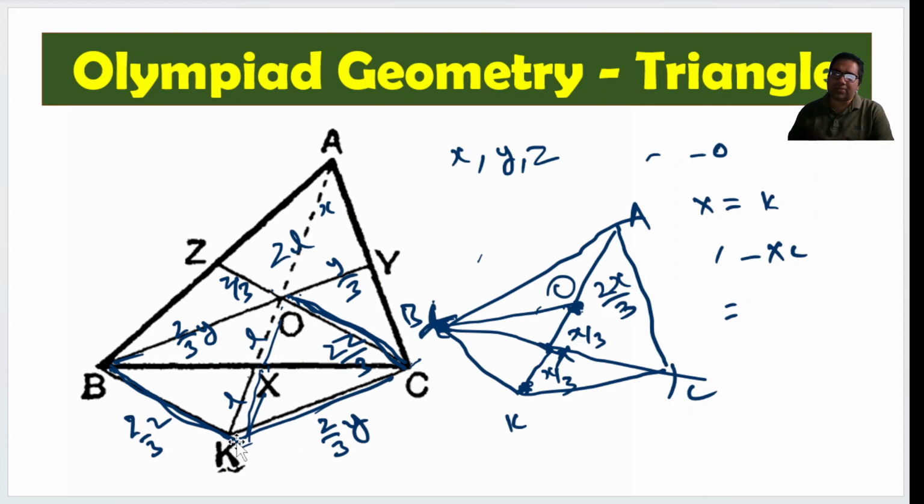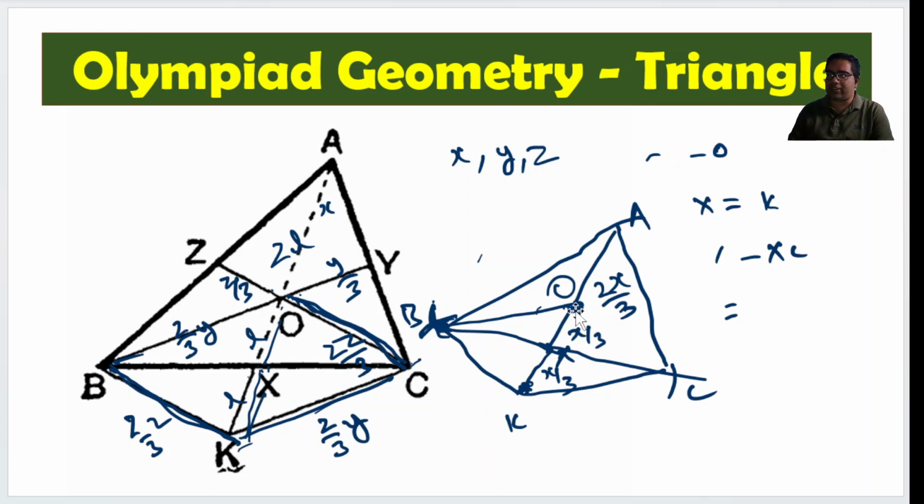So from this point K, which is actually AX extended, or AO extended by one third of one of the medians, the total is 3L and this is L. So we are taking one of the medians and drawing it, and then extending it by one third more. We draw it x and then extend it by x by 3 more.